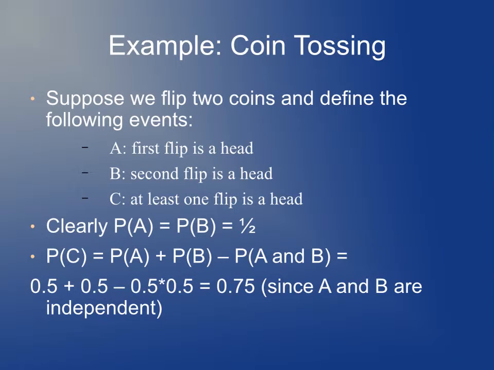So if you assume that the probability of rain tomorrow is independent of the probability of rain the day after tomorrow, which is a big assumption that's probably not true in practice, but if you assume that's the case, then the probability that we get rain either tomorrow or the day after tomorrow should be 0.75, not 1.